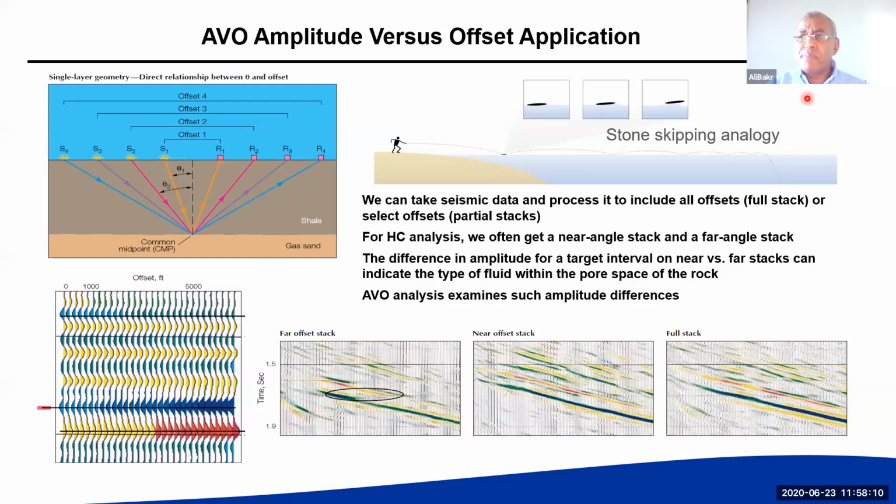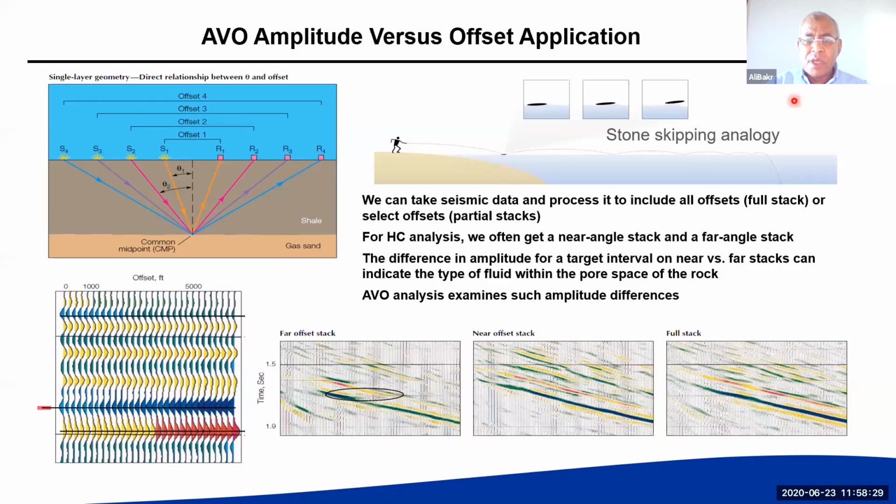In the presence of hydrocarbons, especially gas, this simple phenomenon is not there, because the presence of gas inside the sand changes the elastic properties of the rock itself, and it will behave differently.